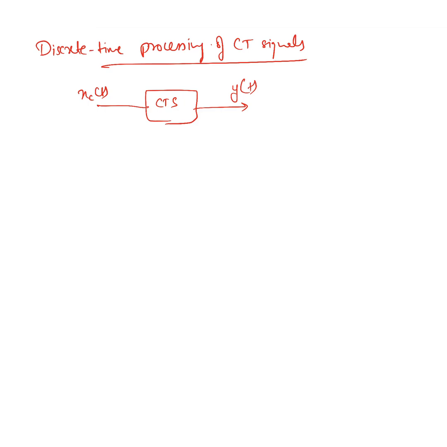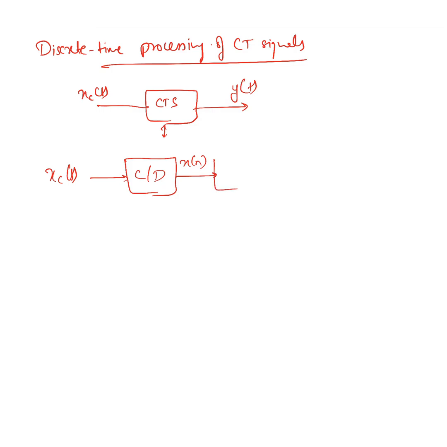So the basic idea is we have this xc of t. Now we will open this block, the continuous time system, so that we can implement it in the discrete time framework. Given this xc of t, first of all we do the continuous to discrete time conversion, which gives us the sample sequence x of n.